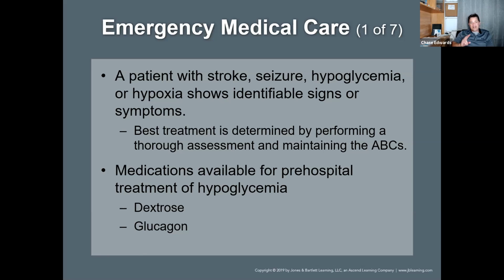There are two medications available for pre-hospital treatment of hypoglycemia, which are dextrose and glucagon. In patients suspected of experiencing a stroke, and only if the patient's blood glucose level is low, give your dextrose. Consider the administration of glucagon for hypoglycemia as an alternative.